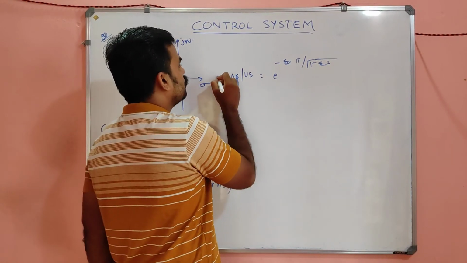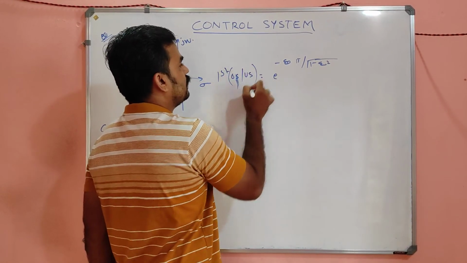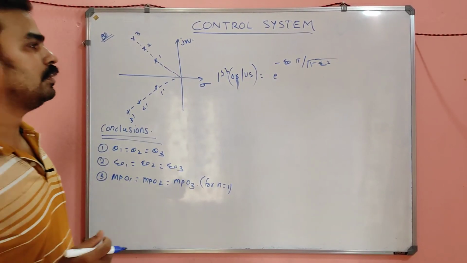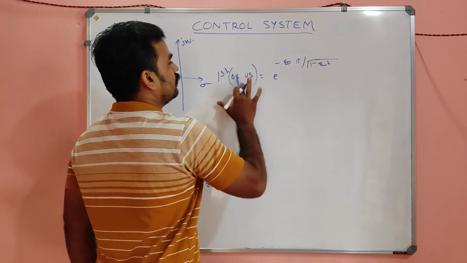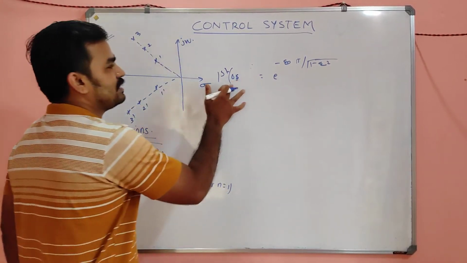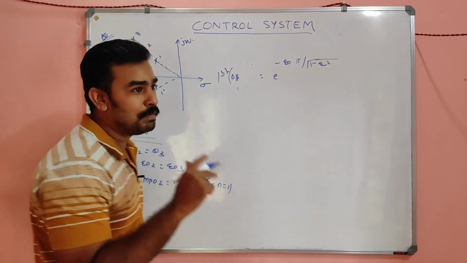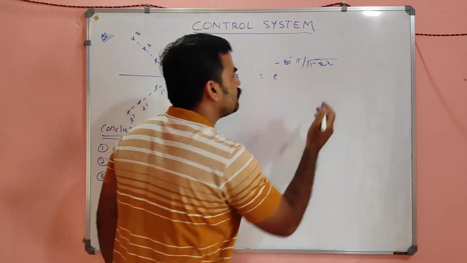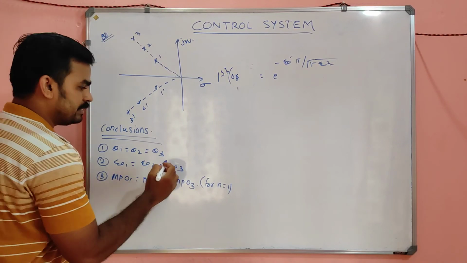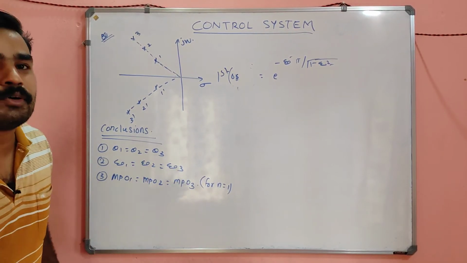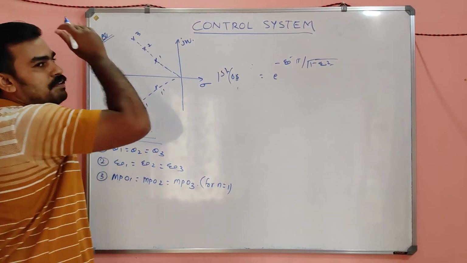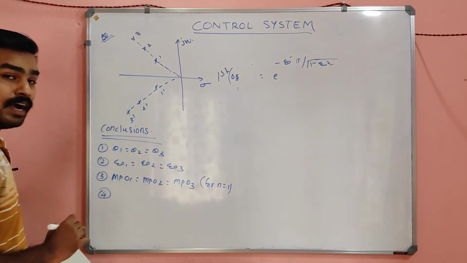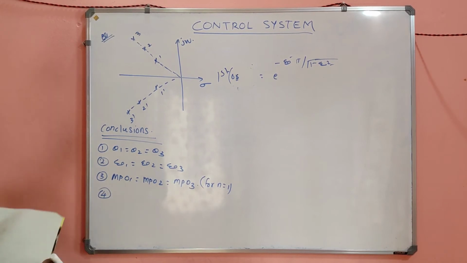First overshoot is n equal to 1, undershoot is n equal to 2. So it is e raised to minus zeta pi divided by root of 1 minus zeta square. Zeta is a constant, my dear, zeta 1 equal to zeta 2 equal to zeta 3. So the maximum peak overshoot for pole 1, pole 2, pole 3, everything will be the same. That's all. See how you have to think.